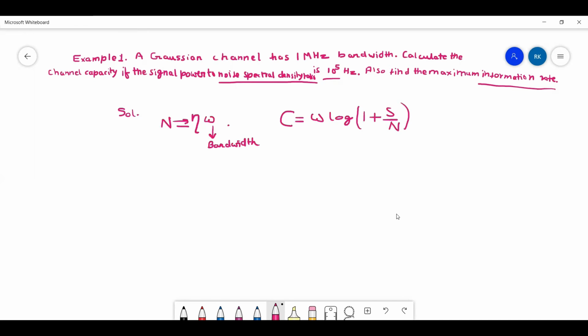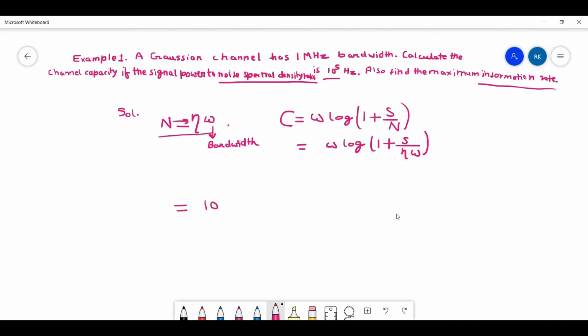And we know from here that noise power is noise spectral density multiplied with the bandwidth. So now we can write it like this: S upon eta multiplied with the bandwidth. So everything is given in the question itself.